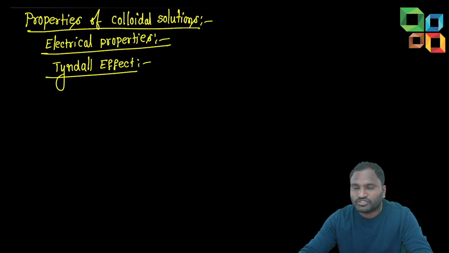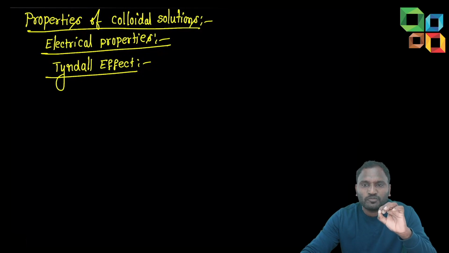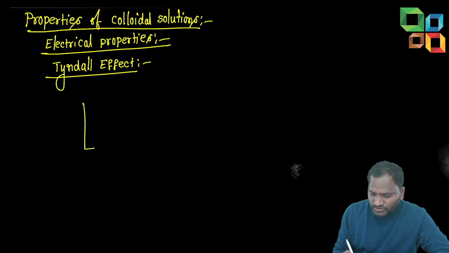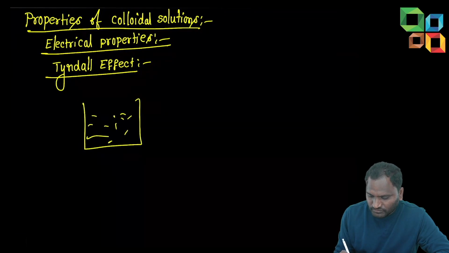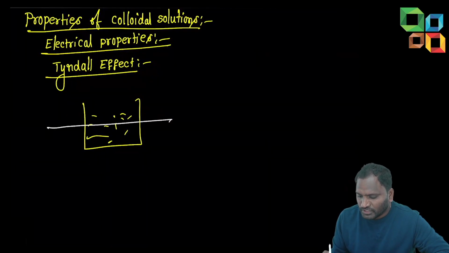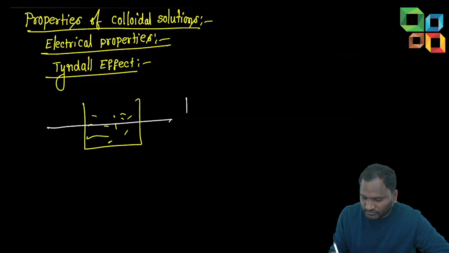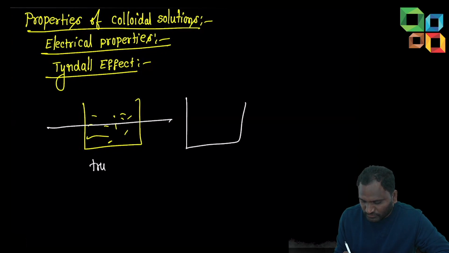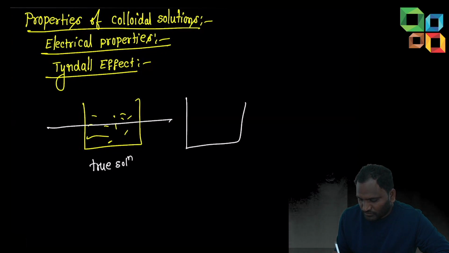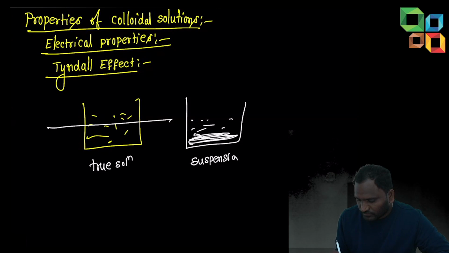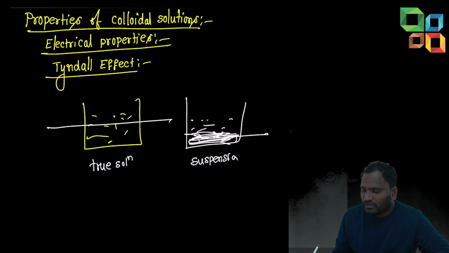In true solutions, the particle size is very small, so the light will move straight through. A suspension will be opaque and will not allow the light.